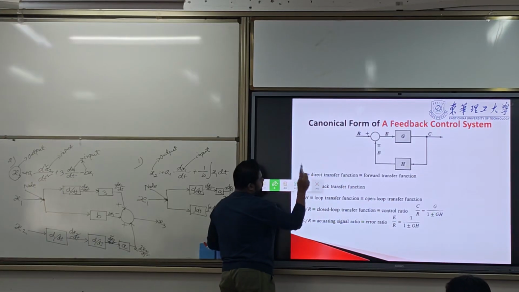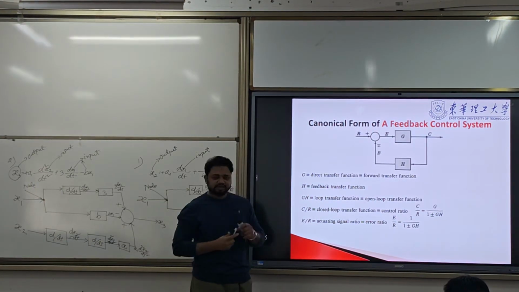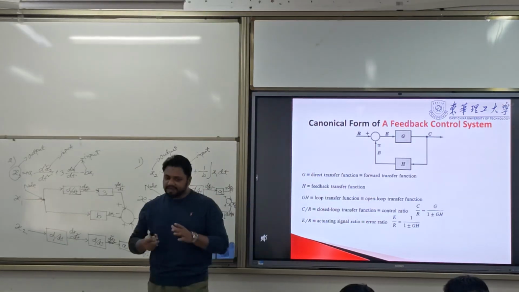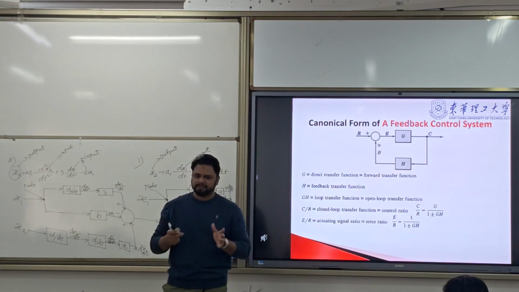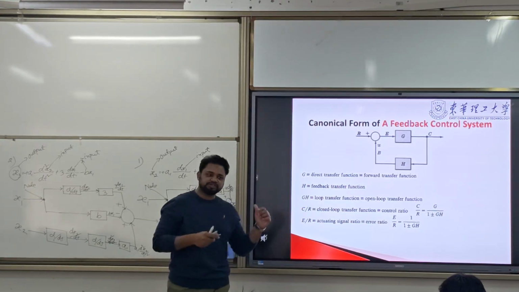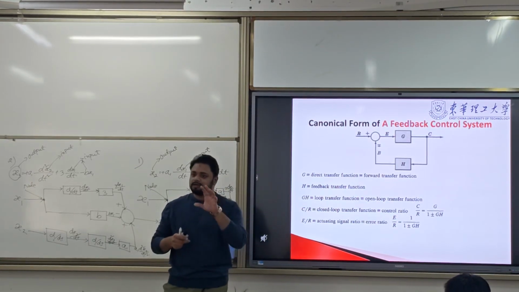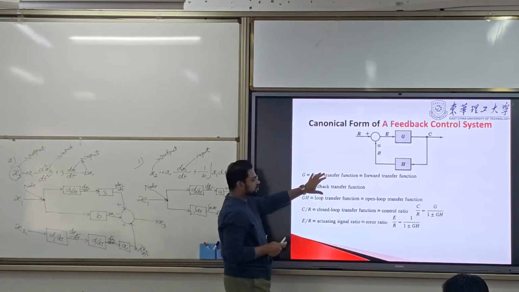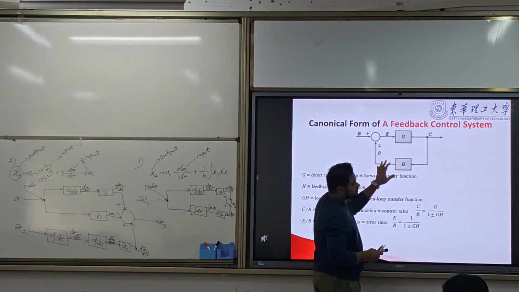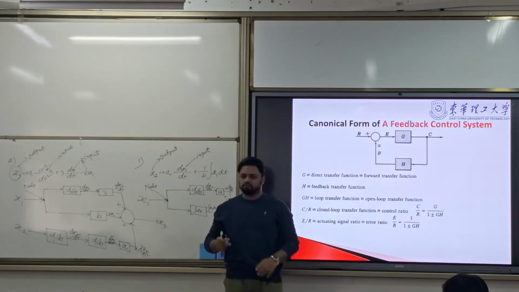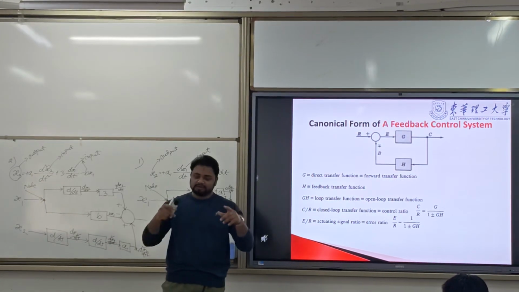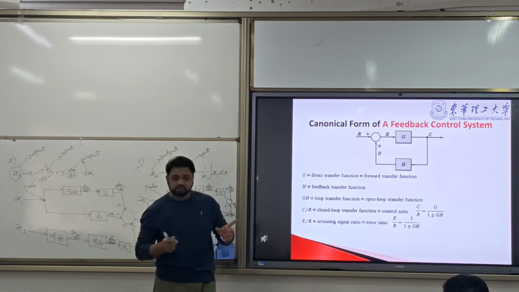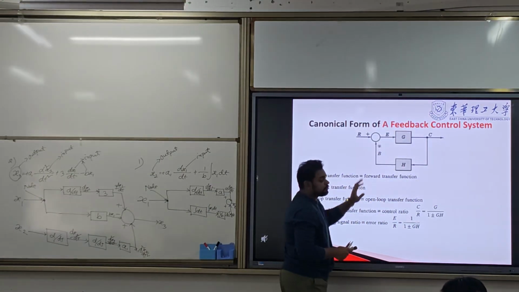Now why do we need to learn this? Because any complex control system, by using the block diagram reduction technique, can be reduced to this form. Any big complex system can be reduced to this form.